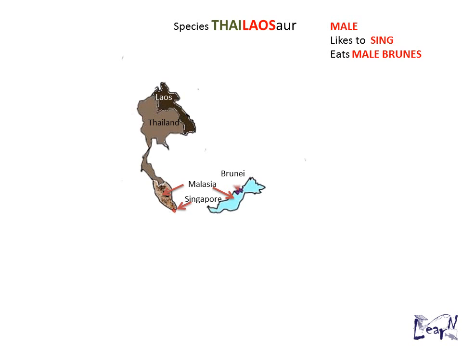So we have Singapore right where the mouth is, because we use the mouth to sing, and it eats male broons. That is, male is again giving you the island of Malaysia, and the small pattern on the back of male broon is Brunei.